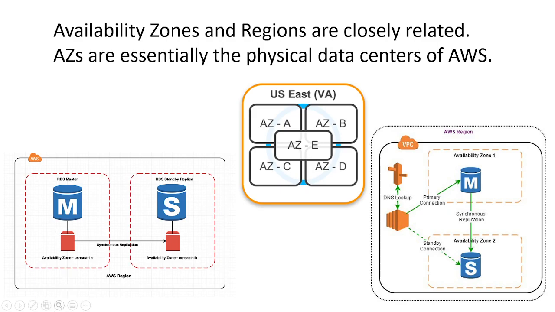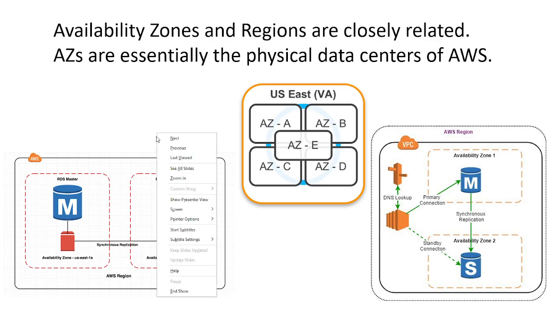As you can see over here, this is an AWS region, and I have the master database in one of the AZs and the standby replica in the other AZ, and there is synchronous replication. As I told you, there is a high fiber optic, low latency connection. Let me highlight it.